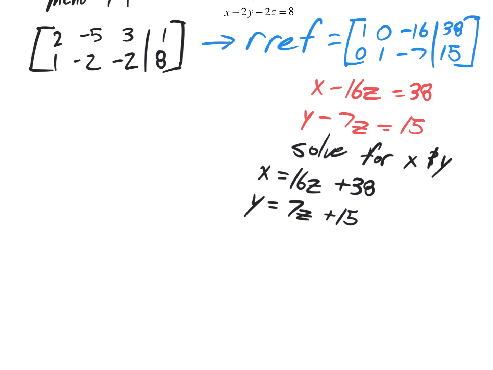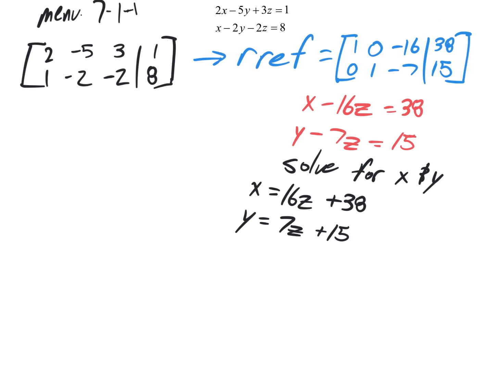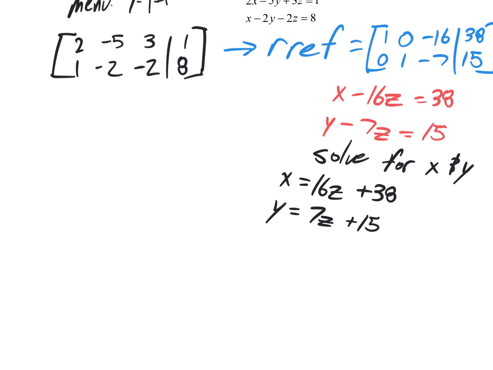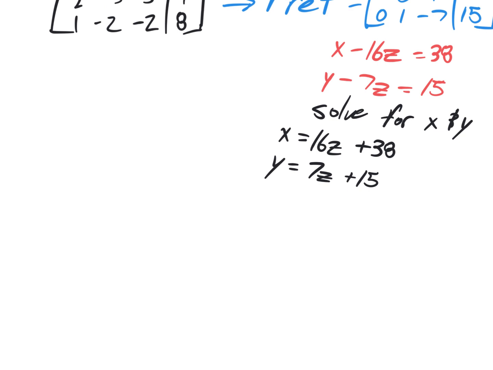Now that I've got this, let's write our solution set out. My solution set is basically all the possible combinations that I can make like this. Algebraically, we can write it something like this. We're going to state this as a solution set, so I'll put some curly braces. Of course, it's first x, so in our case, x is 16z plus 38.